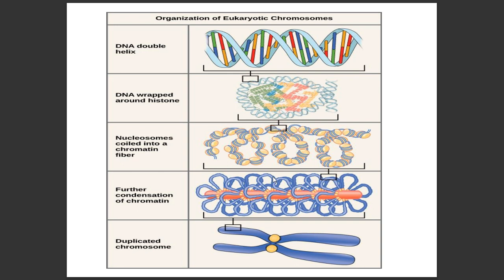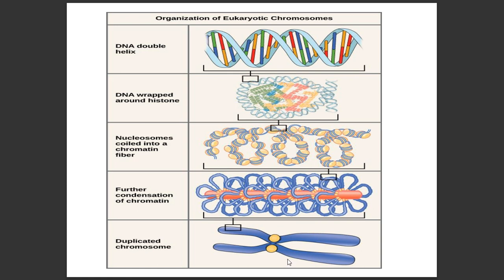But during cell division, the chromatin becomes visible, promoted by the further condensation of the chromatin, which forms what we call a chromatid. And two chromatids join at a point here to form what we call a chromosome. So the chromosome is what is seen during cell division. That's a summary of how chromosomes are formed.